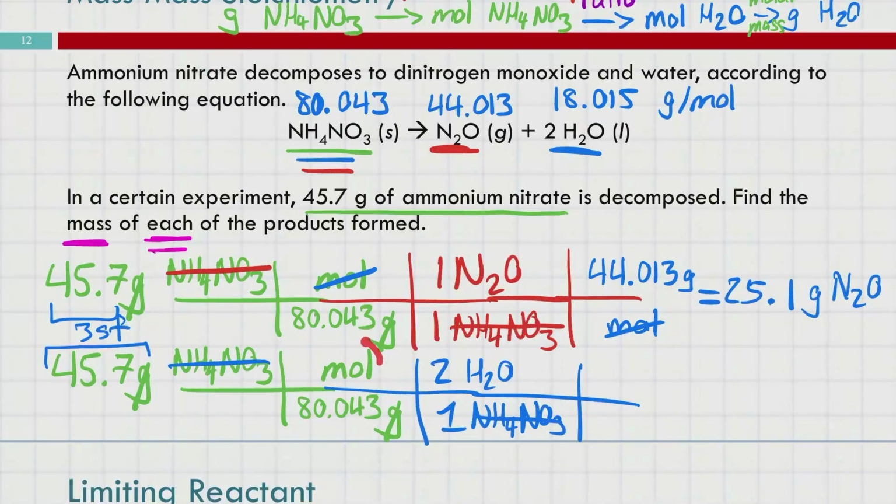Now that we've got moles of H2O as our units, we can multiply by our molar mass of water, to get back to grams.